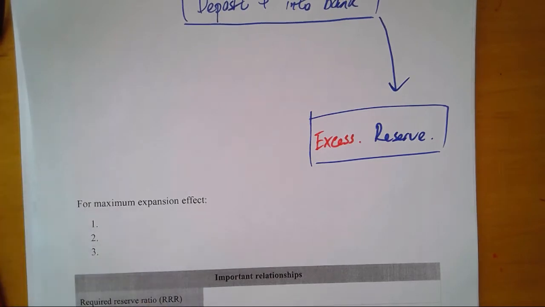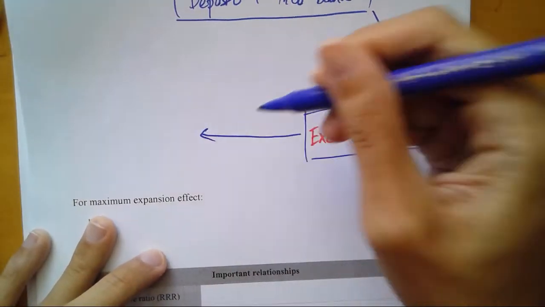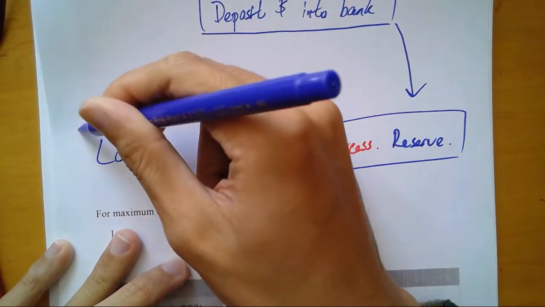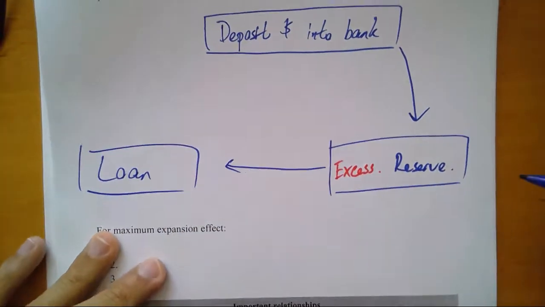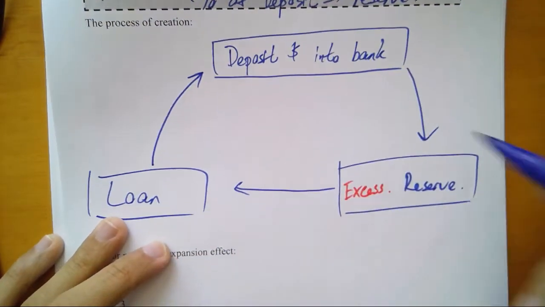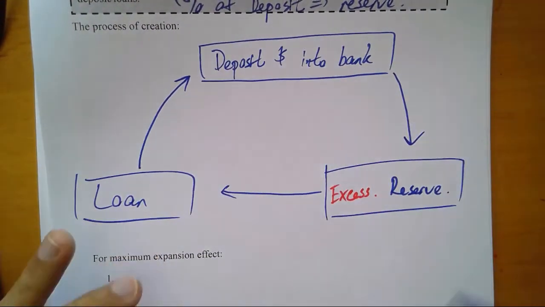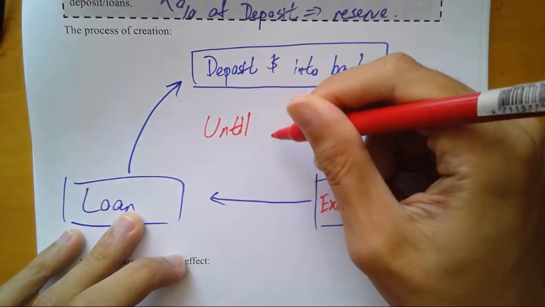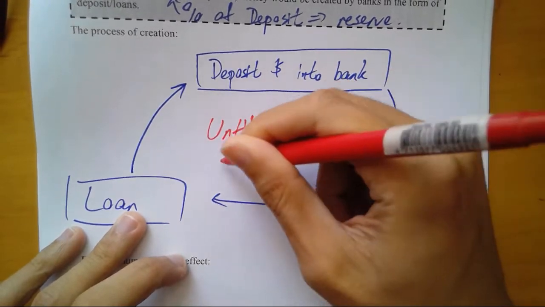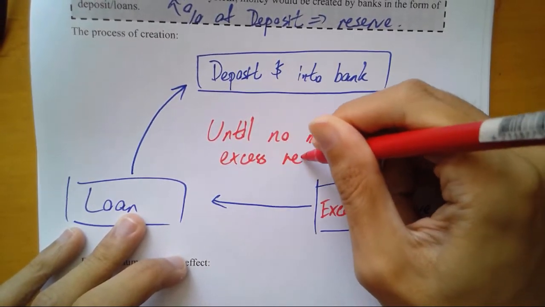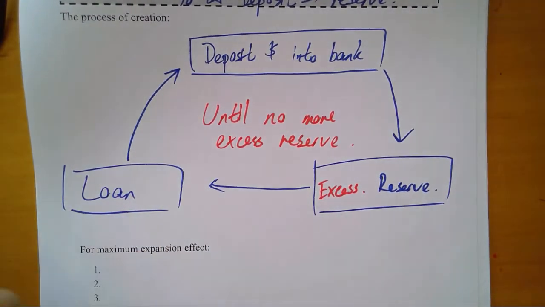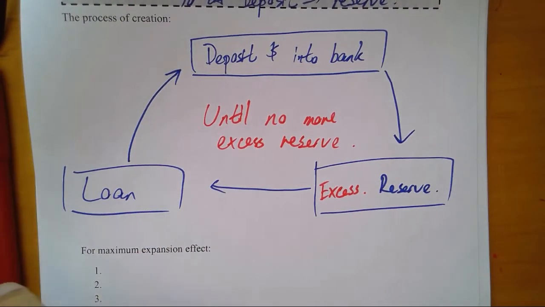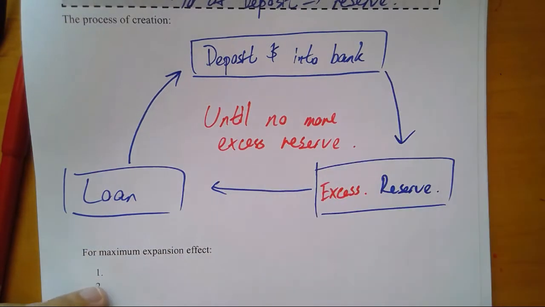Now, when we have excess reserve, they can loan it out. Okay, when it loan it out, they put it back in the bank, etc. Now, this process goes on and goes on until no more excess reserve. 原來成個過程就係咁樣去㗎啦。OK，得唔得？So this is the cycle of the so-called credit creation or deposit creation.